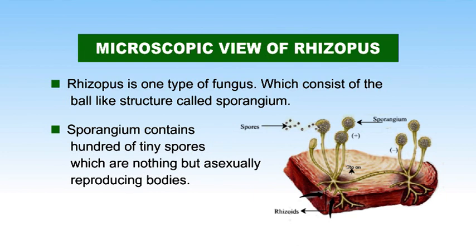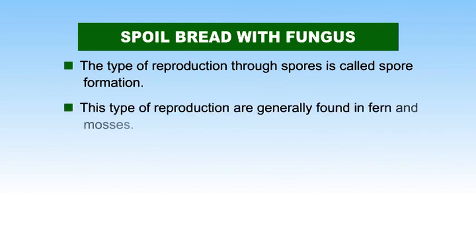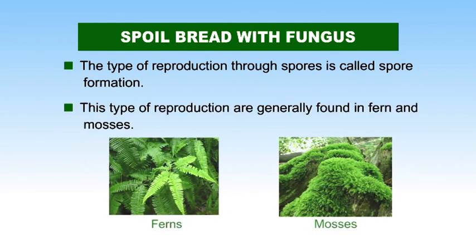The spores are nothing but asexually reproducing bodies, which are covered by a hard protective coat to withstand unfavorable conditions such as high temperature, low humidity, etc. Under favorable conditions, the spores germinate and develop into new rhizopus. This type of reproduction through spores is called spore formation. It is also found in ferns and mosses.